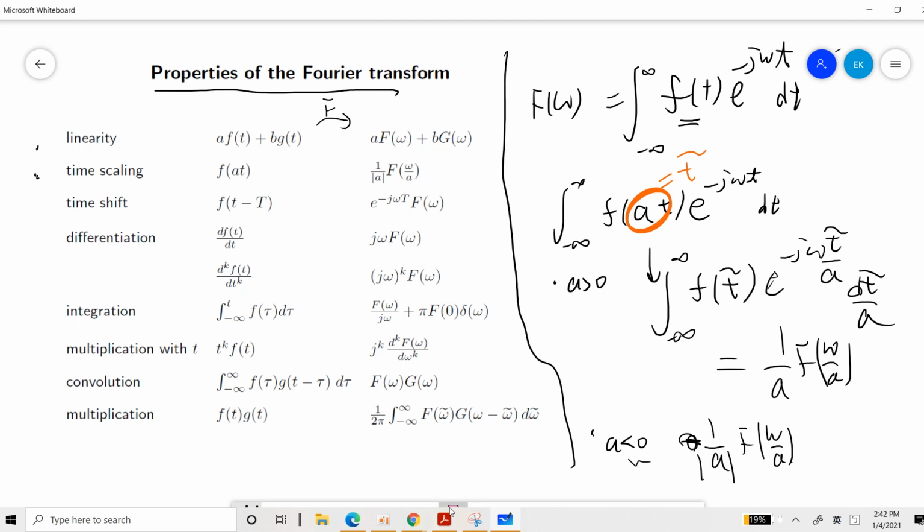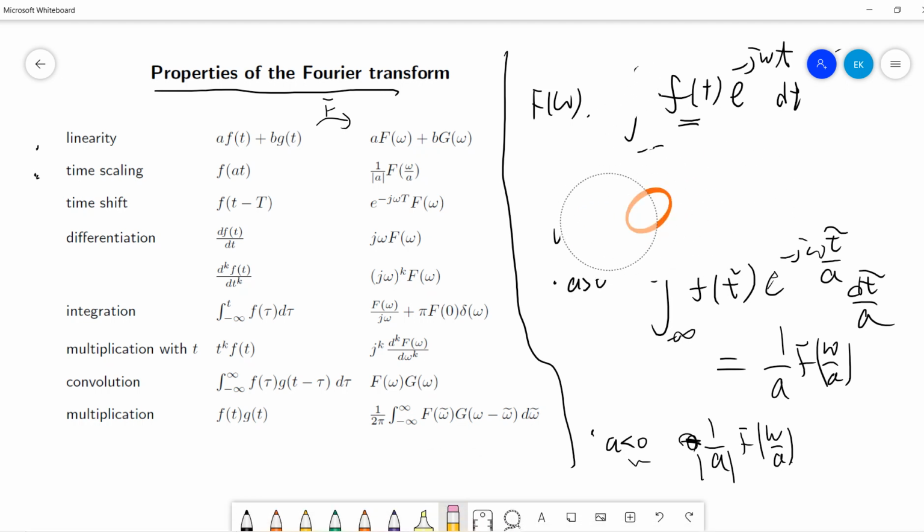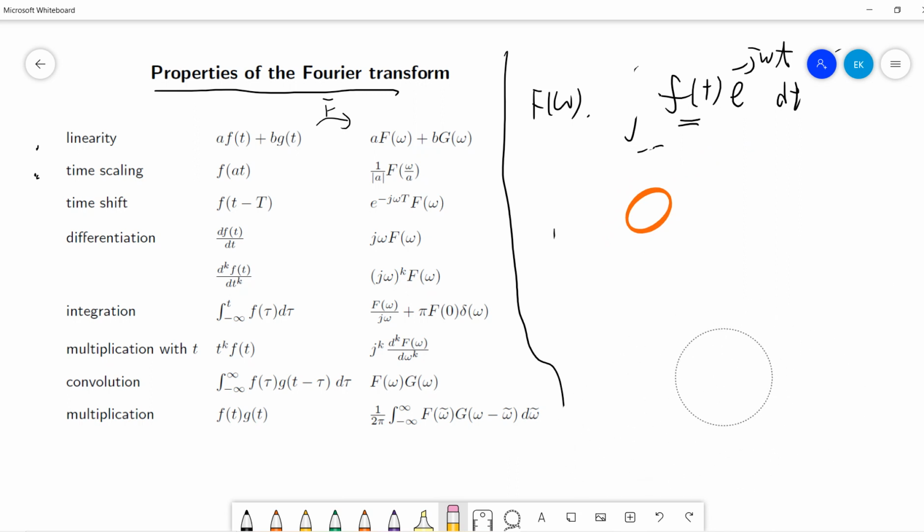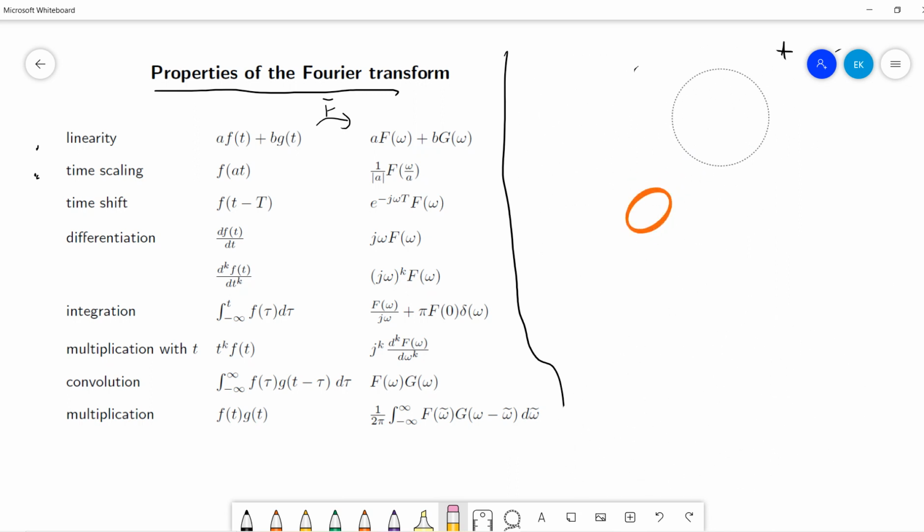The third one is called the time shift. Let me quickly do it. Don't worry, this will be very easy. So for the time shift, you have f of t minus large T, dt.